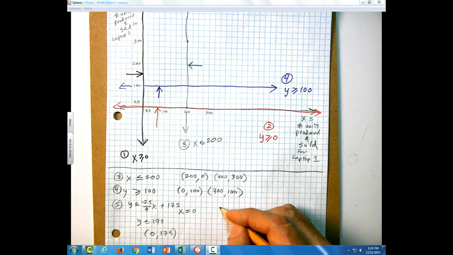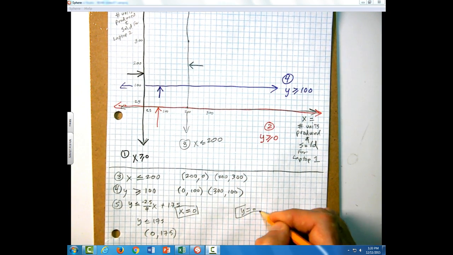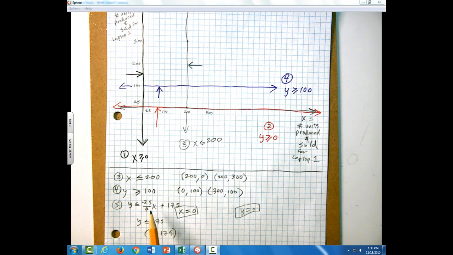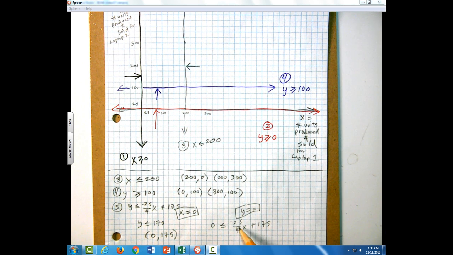Now let's see what will happen if I say y equals 0. Well, over here, I'm going to put 0 less than or equal to minus 2.5 over 4 x plus 175. I can add 2.5 divided by 4 x to both sides, so I'd get 2.5 divided by 4 x less than or equal to 175.